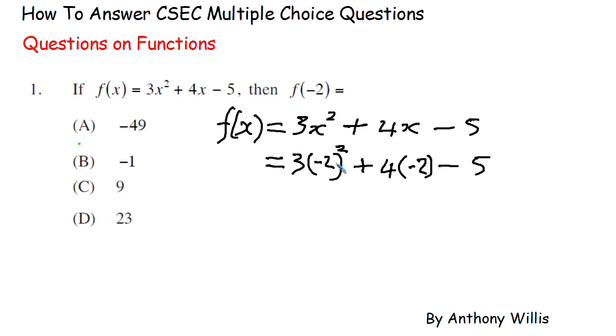Now many students make mistakes here. They do not ensure that they understand the signs and how to use them. So minus 2 squared will be minus 2 times minus 2, which is plus 4.